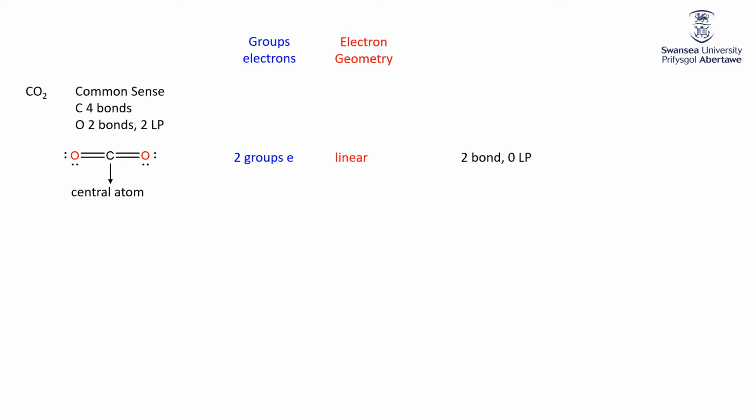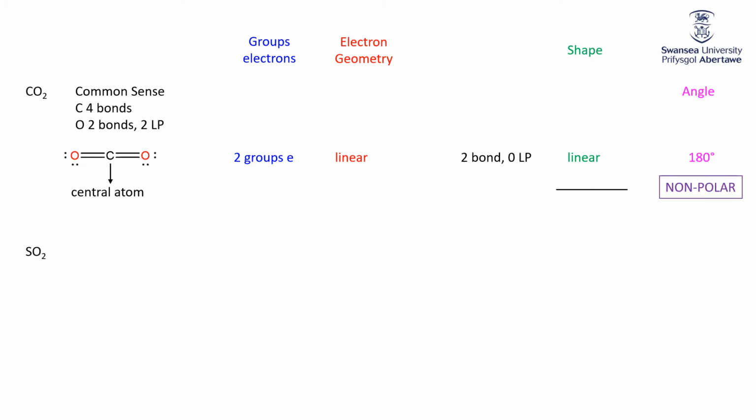In this case, 2 bonding, 0 lone pairs, which means that we see that exact electron geometry as the shape, linear, 180 degrees. And this molecule is the classic example of a molecule that has polar bonds, because of course oxygen is much more electronegative than carbon, but those polar bonds cancel out, so the molecule itself is non-polar.